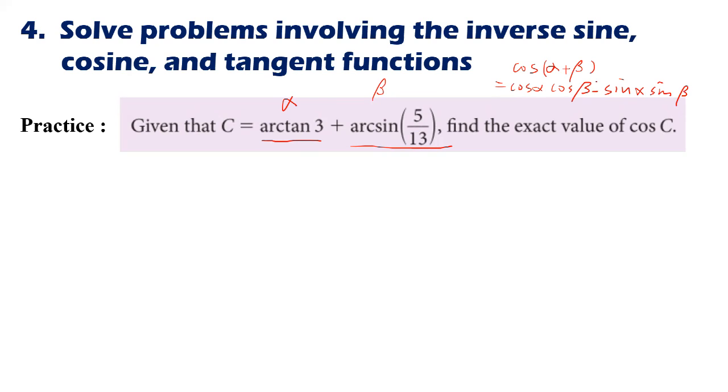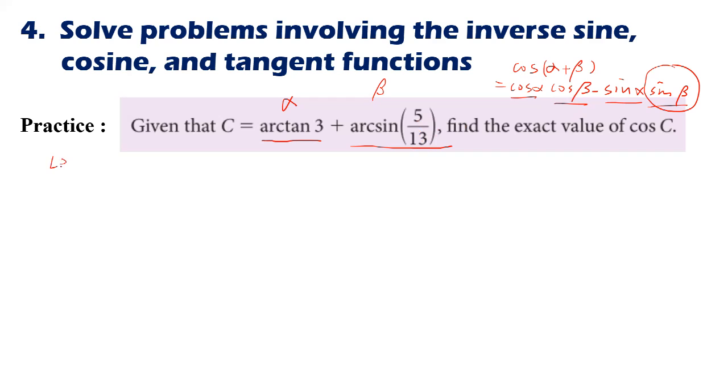Remember the compound angle formula. So we need cosine alpha, sine alpha, cosine beta, and sine beta, and we already have one of these: sine beta is simply 5/13. So we need to calculate the rest of the values.